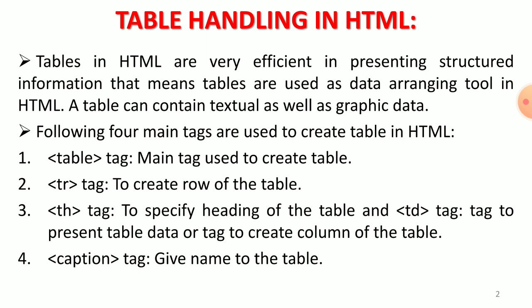Next is the th tag, to specify the heading of the table, and the td tag, to present table data, or to create a column of the table. Th means table heading, and td means table data. And last is the caption tag, that means give a name to the table.